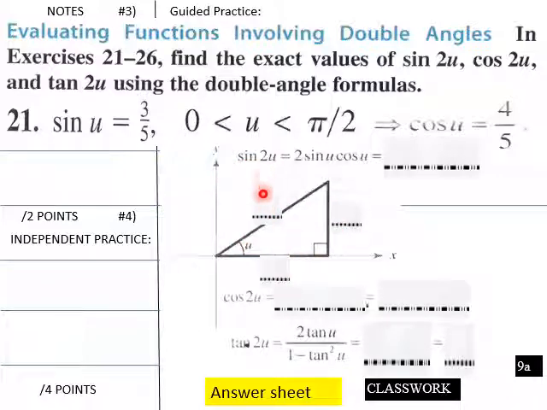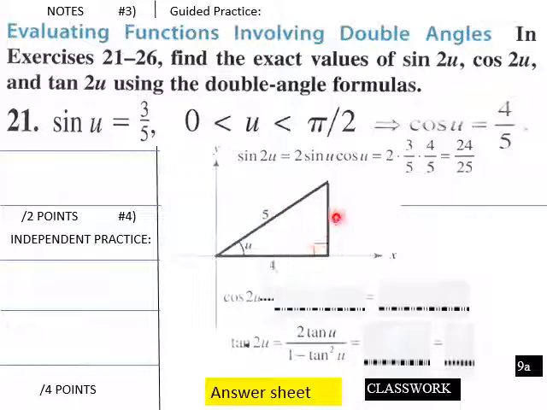So sine 2u will be 2 sine u cosine u. This is our equivalent expression using a double angle formula. So it'll be 2 times 3 over 5 times 4 over 5, which gives us 24 25ths. Here's our 5, here's our 3, and here's our 4.